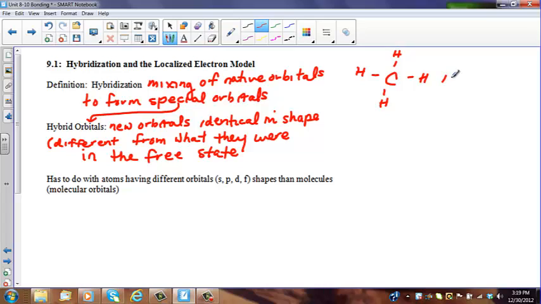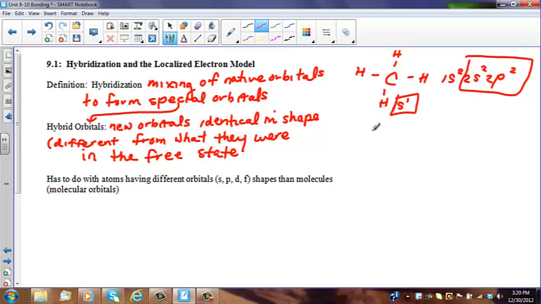So you've got 1s2, 2s2, 2p2. So these are your valence. Your valence are coming from the 2s and the 2p, and your H is coming from the 1s1. So that's basically what's bonding. So when they bond, you're going to create a new special orbital, or a hybrid orbital, that's different from the 2s or the 2p or the 1s, but it's going to be identical in shape.